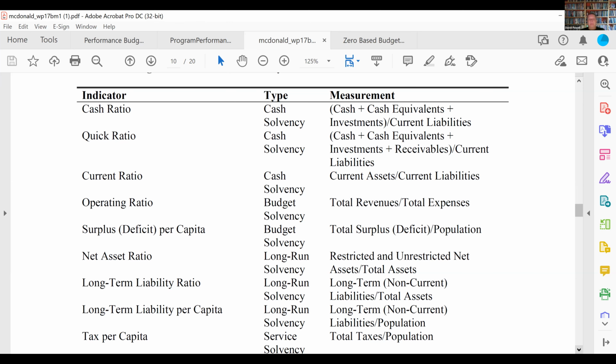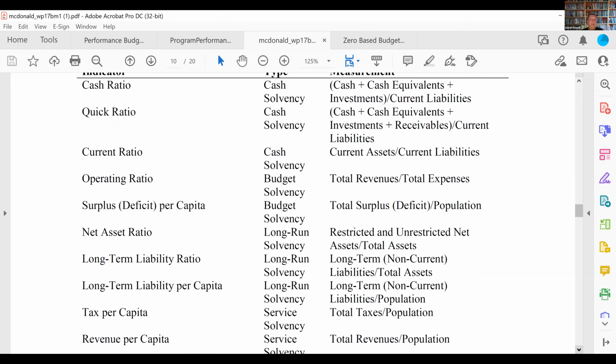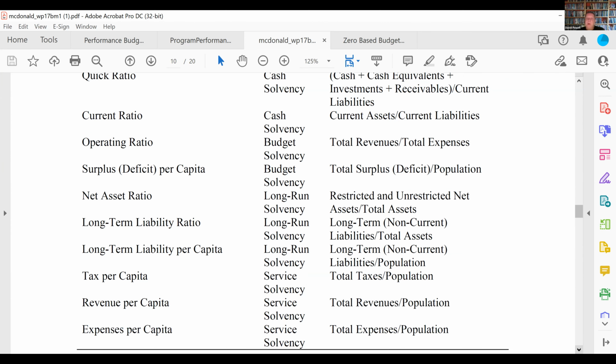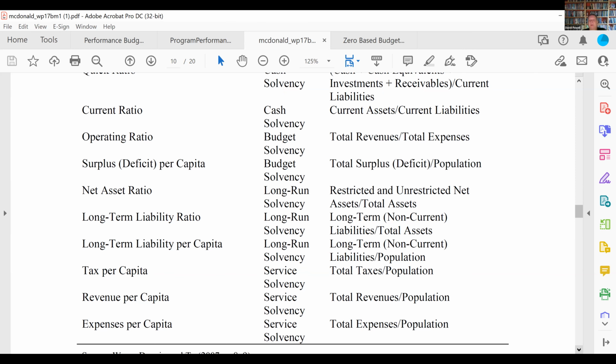A long-term liability ratio: your long-term liabilities that are not current, meaning the liabilities that are going to come due in future years, divided by all of your assets. Long-term liability per capita, so again, liabilities that will come due in future years divided by your population. Tax per capita, total taxes divided by your population. Revenue per capita, total revenue divided by population. And expenses per capita, total expenses divided by population.